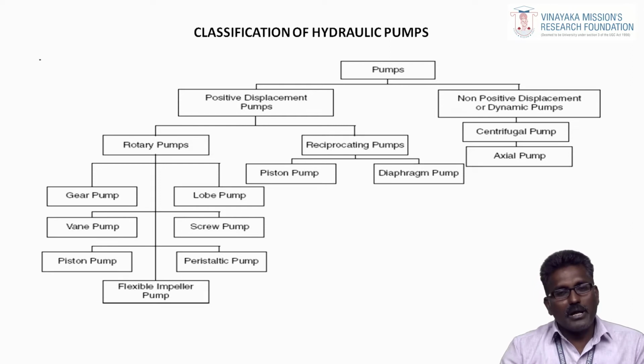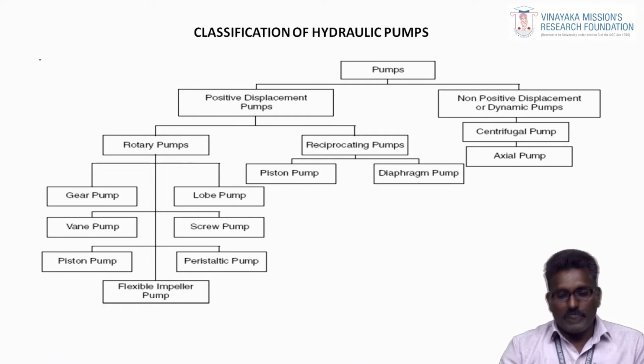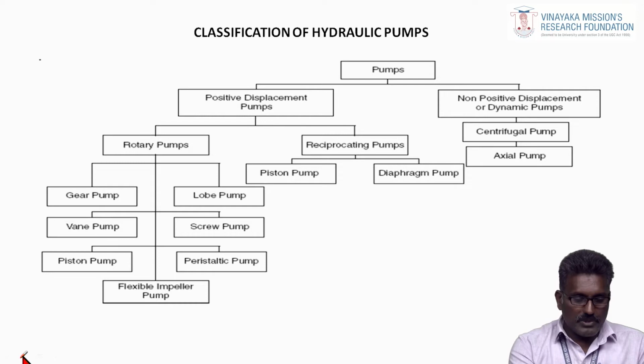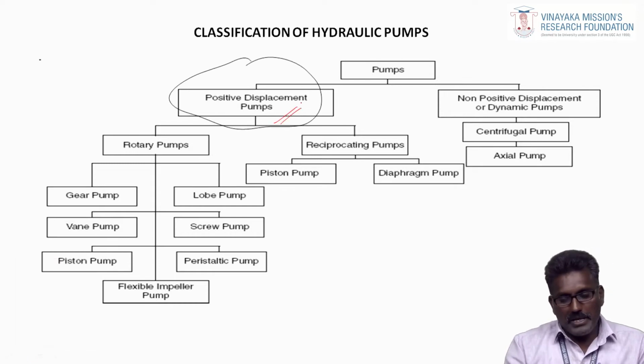But in our application, we are not using these pumps; we discuss them for understanding purposes. In our hydraulic applications, we use only positive displacement pumps. This positive displacement pump has many categories.